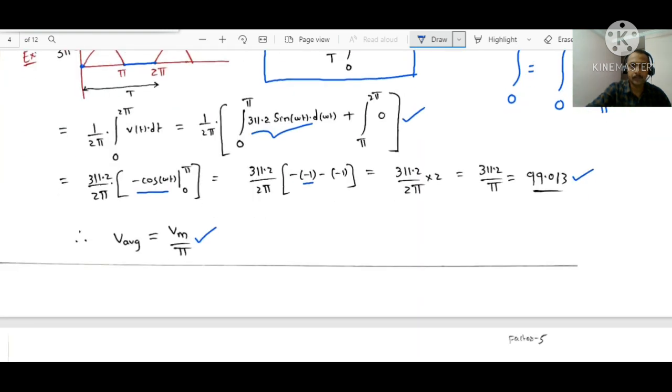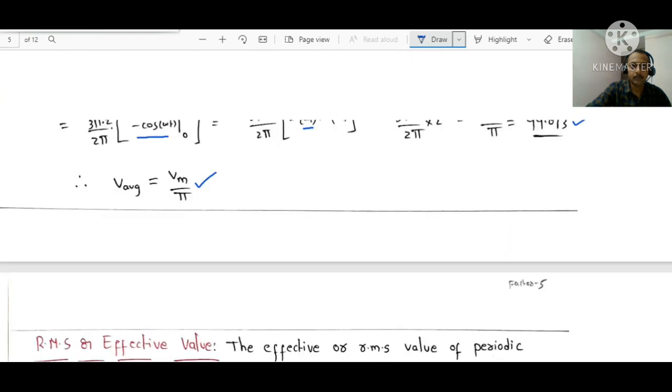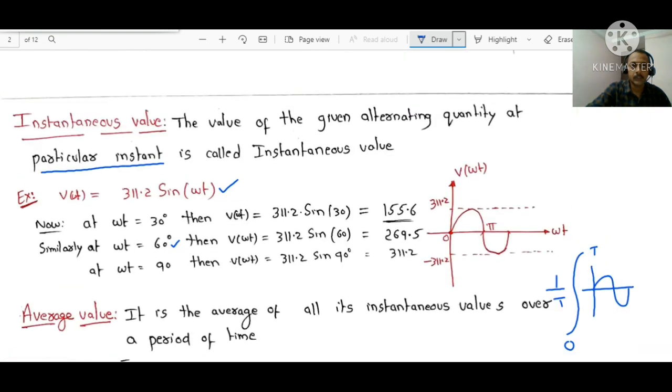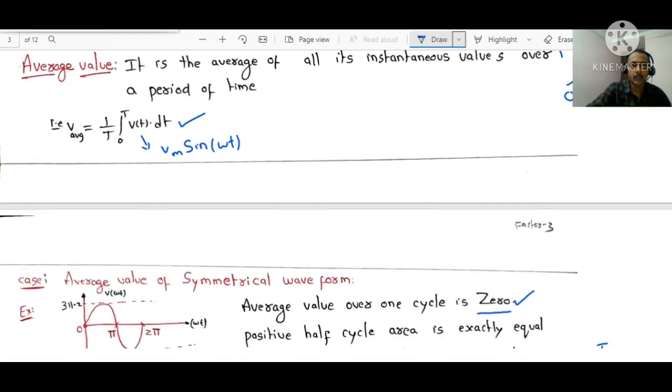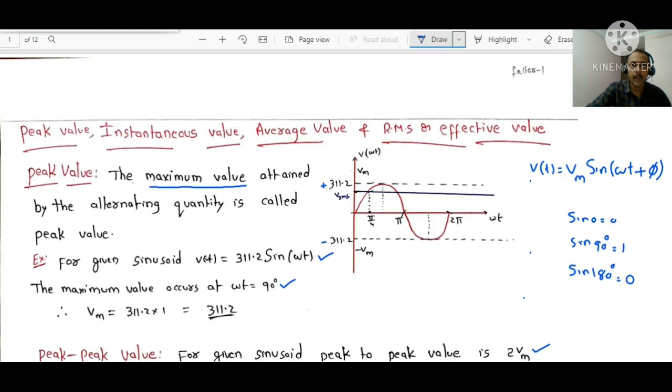Clear? So that is what it is all about, dear students: instantaneous value, average value, peak value, and peak to peak value for a given sinusoidal. And next we will discuss the RMS or effective value.